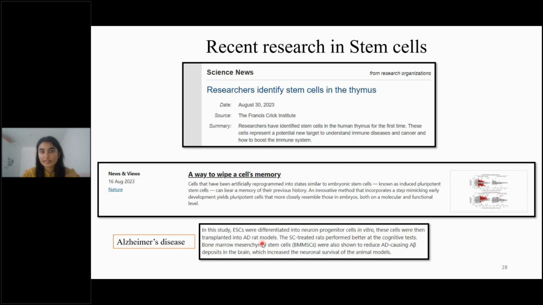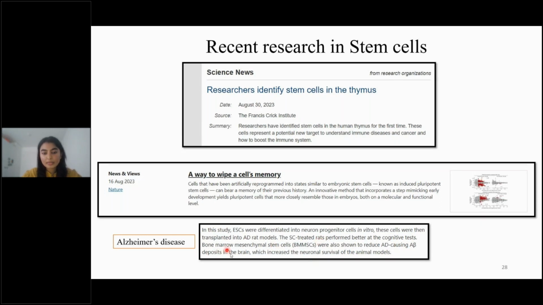Obviously, everyone knows we use mice for research, because 99.9% of the DNA of mouse and humans is the same. The stem cell treated rats performed better at cognitive tests. Cognitive means tests where they need to use their brain. For example, they need to use their brain to hunt for food. So like that.